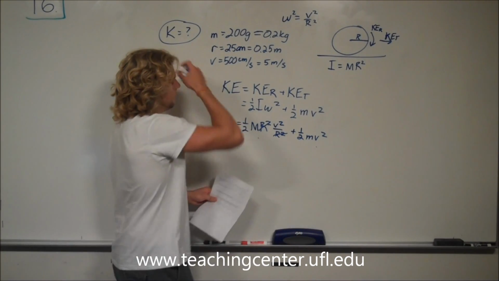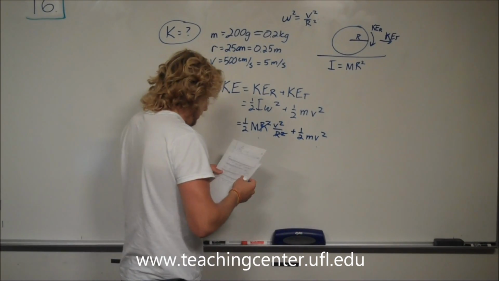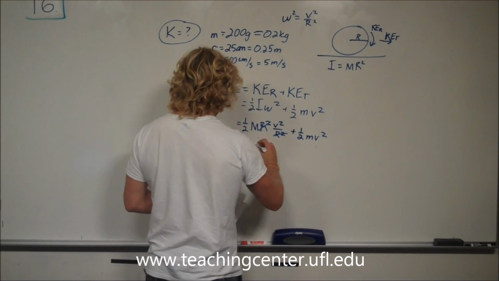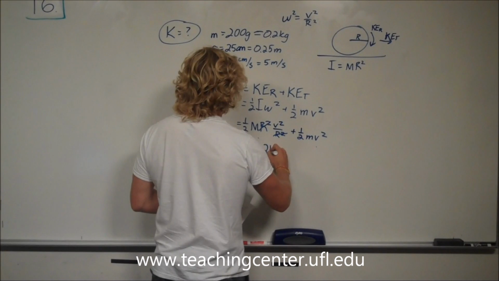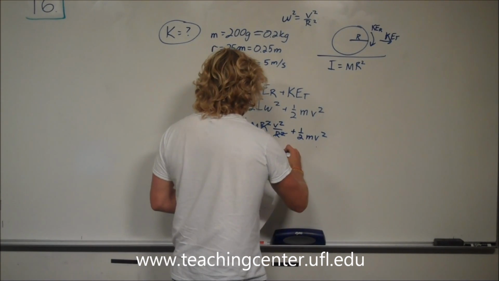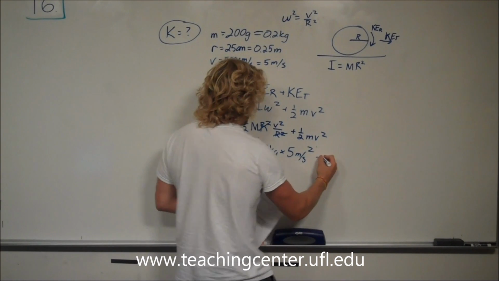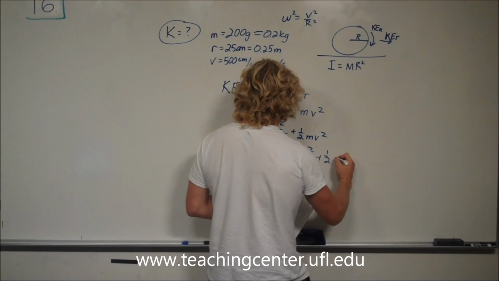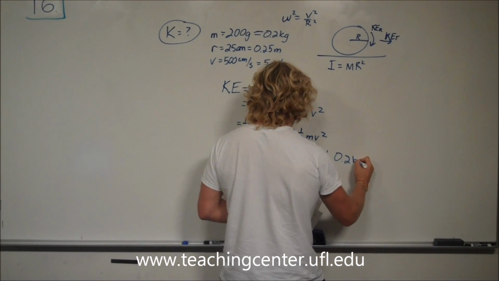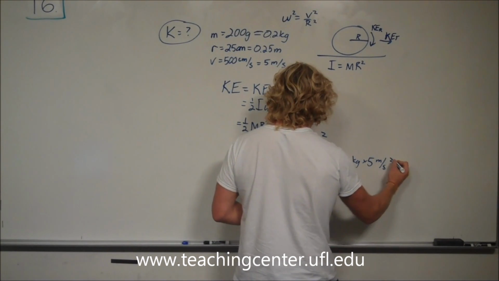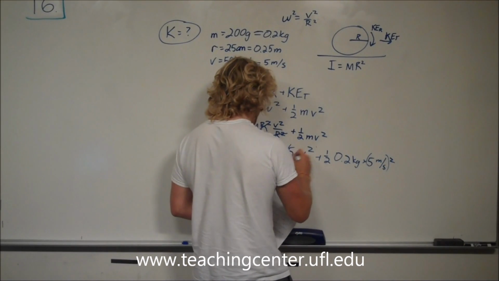So then we have 1/2 times 0.2 kilograms times 5 meters per second squared, plus 1/2 times 0.2 kilograms times 5 meters per second squared.